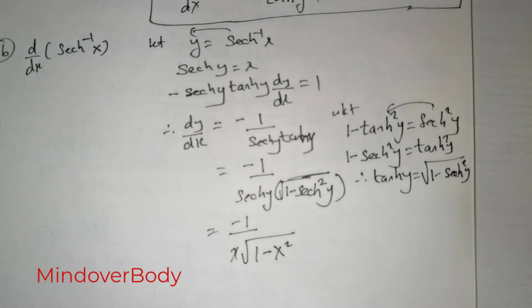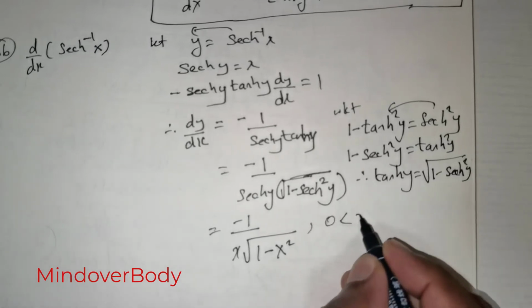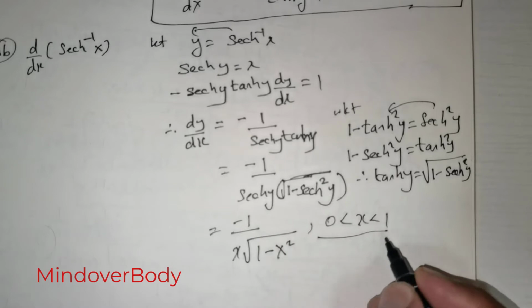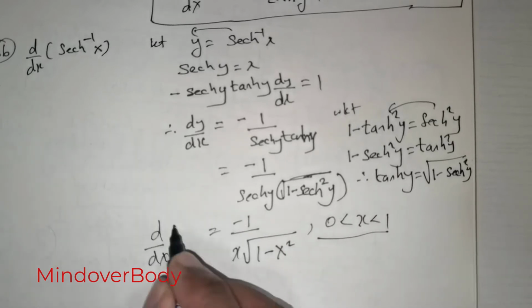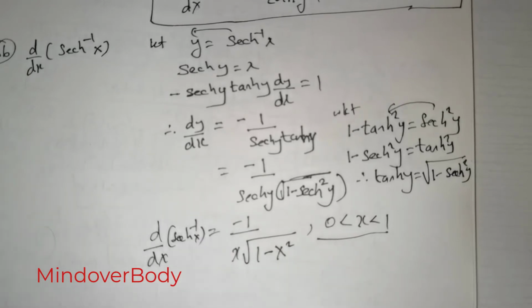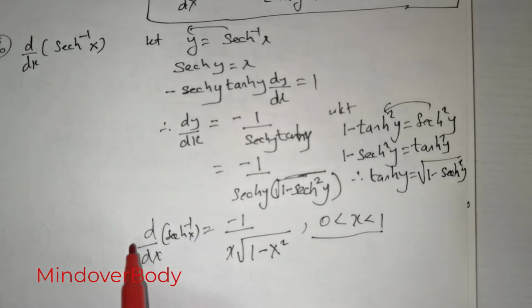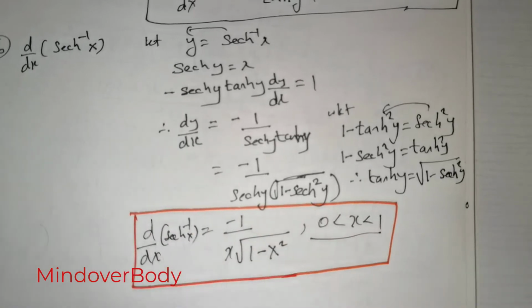Now this is valid for values of x lying between 0 and 1. So what is this? This is d over dx of secant inverse of x. So this is a very important derivative. I hope you have that in mind, and practice makes perfect. So we'll move on to the next question.